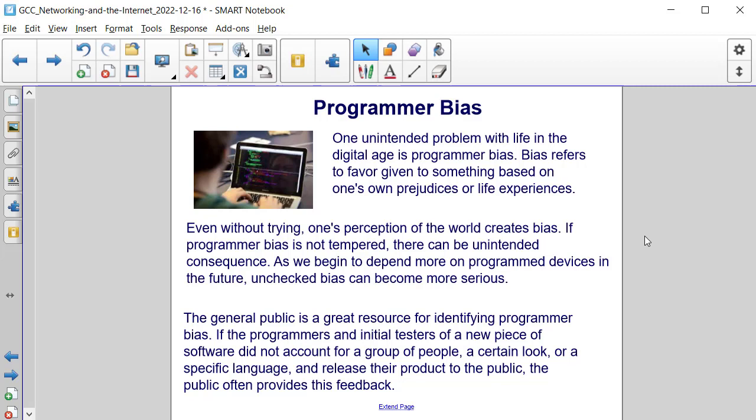As we begin to depend more on programmed devices in the future, unchecked bias can become more serious. The general public is a great resource for identifying programmer bias. If the programmers and initial testers of a new piece of software did not account for a group of people, a certain look, or a specific language, and then release their product to the public, the public often provides this feedback.